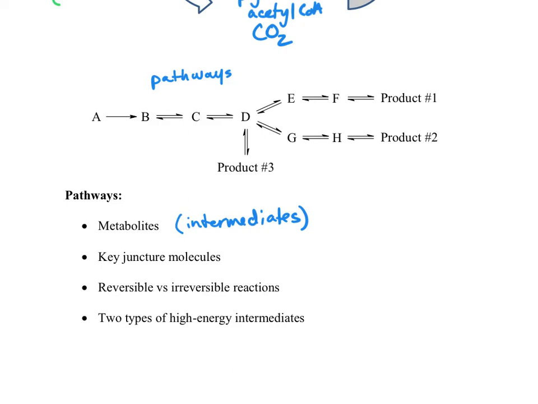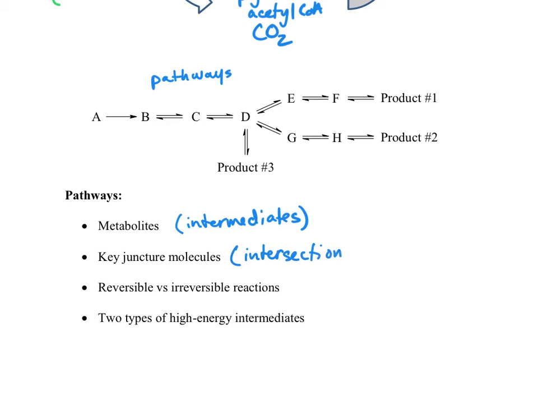Notice that it's possible to make other products as well. We can go from A to B to C to D and then go on to a different pathway and branch off to either product 3 or product 2. And these kind of branch points are where we talk about key juncture molecules. These are going to be what we would call intersections on different pathways.